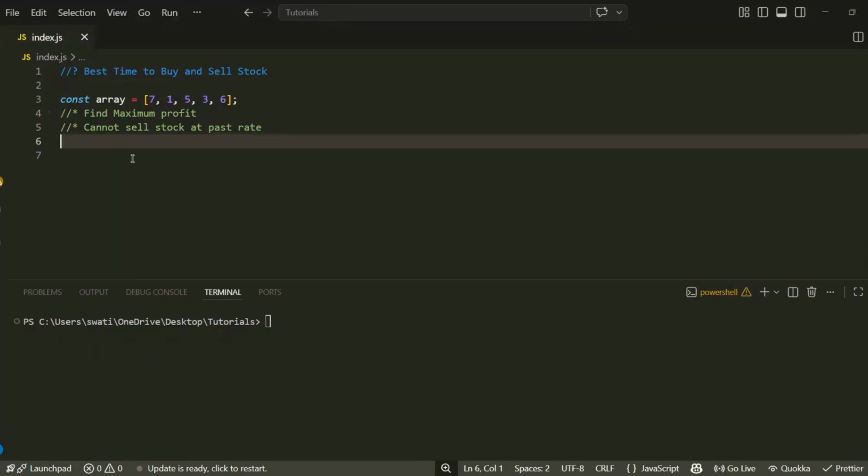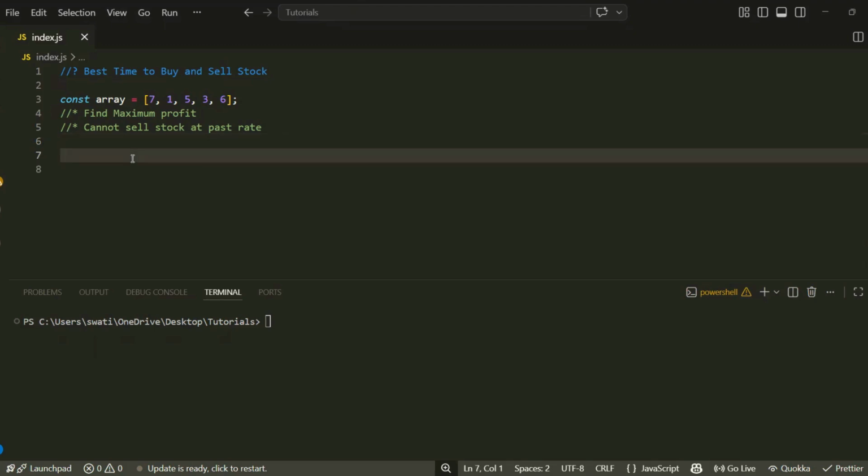So for solving this question, we are going to follow greedy algorithm. So what we are going to do is, we are going to keep a track of maximum profit and the minimum rate. So suppose if I want to understand what is the maximum profit that I can get, suppose I want to get some max profit.